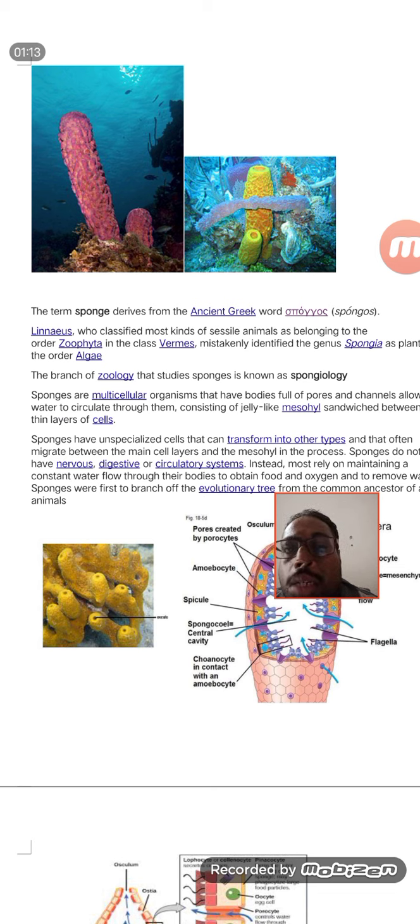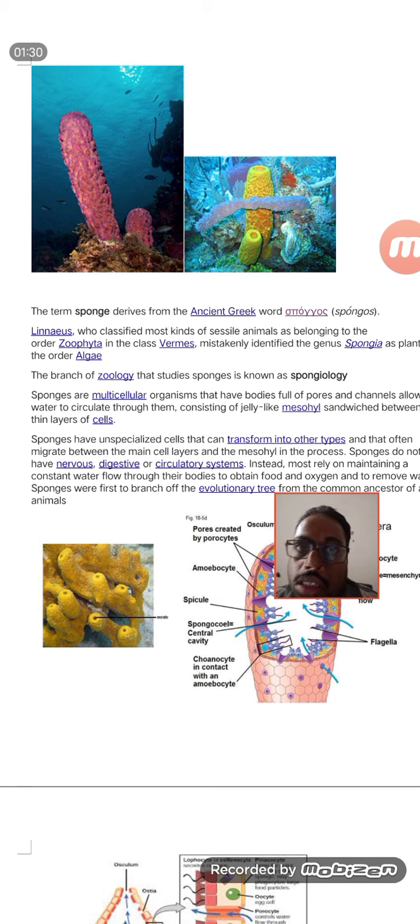And they are also called sponges because their body is very soft. This organism was first introduced to taxonomy by Linnaeus. Zoology is the branch that studies animals and their habitat, because this comes under the animal kingdom.